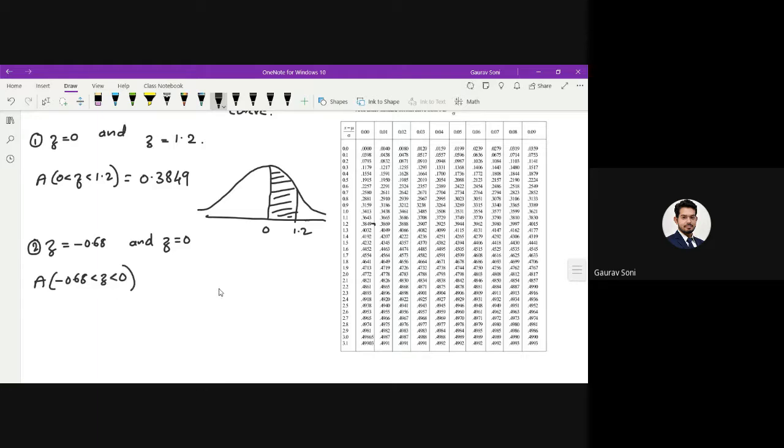If we draw the diagram for this, this is 0, minus 0.68. How can we find this fast?